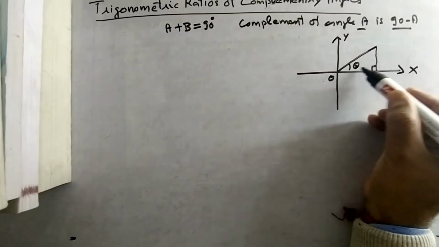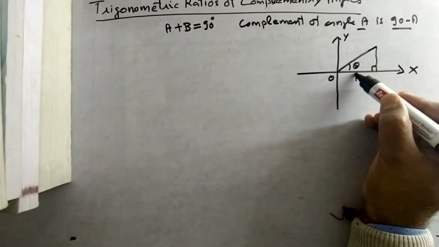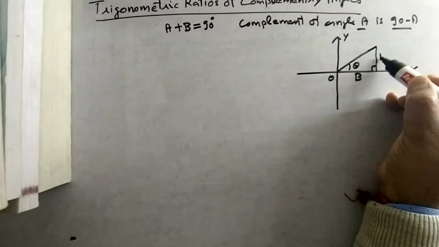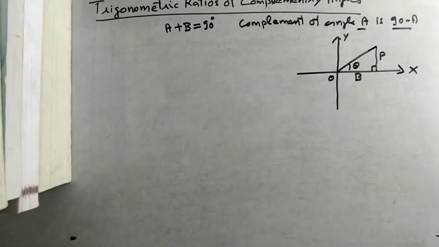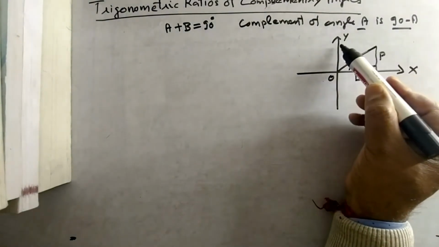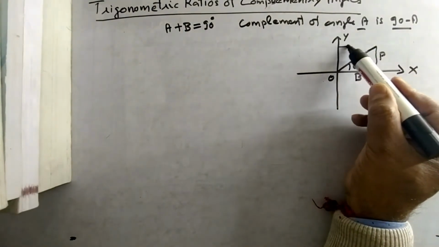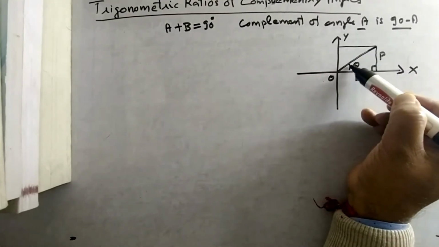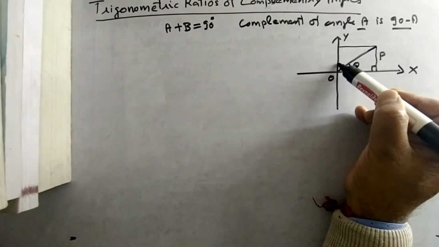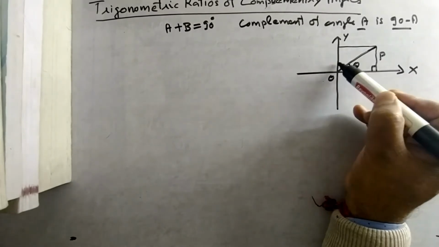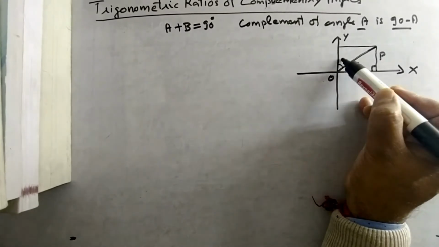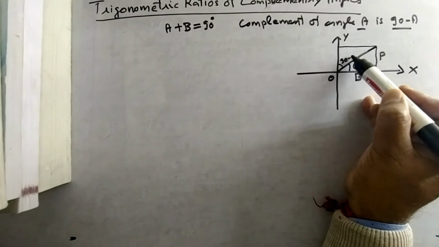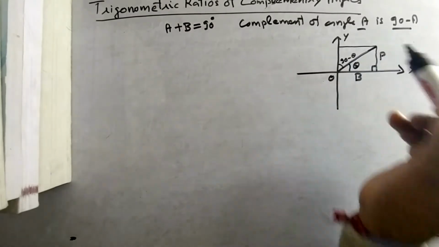Now you know this is angle theta, so this is base and this is perpendicular. Now children, if you draw a perpendicular like this as well, this complete angle is 90, this is theta, so obviously this angle is 90 minus theta.